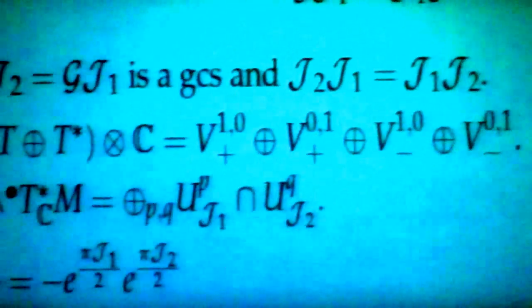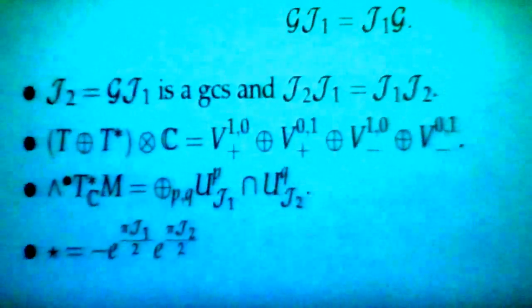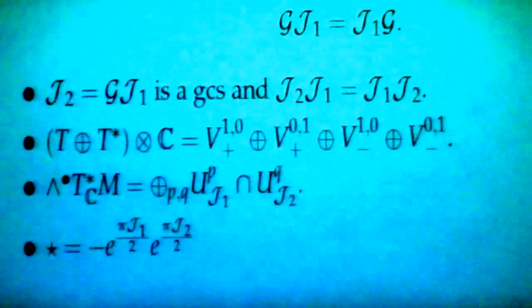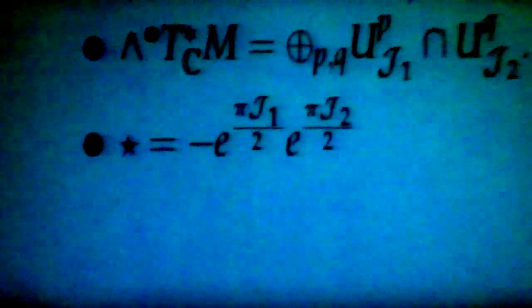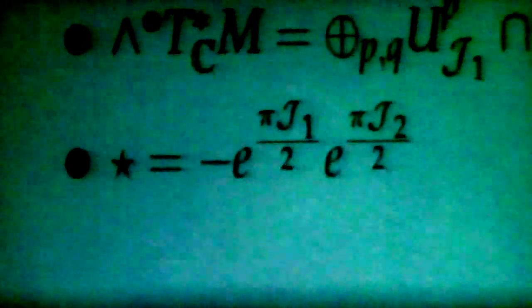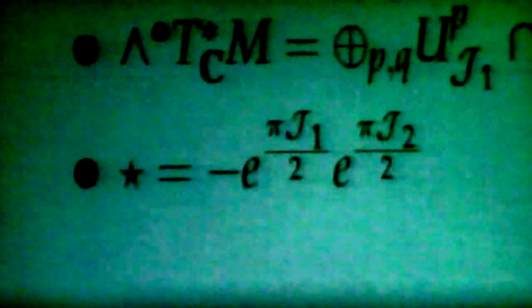Now, besides having these things, you also have the Hodge star, and one of the features that we have in Kähler geometry is that the Hodge star is related to the complex and the symplectic structure, and yet that relation is somewhat messy. By having this setup, this is something that Gil Cavalcanti noticed in his Hodge theory paper, you get a much neater relation between the Hodge star and the actions of J1 and J2.